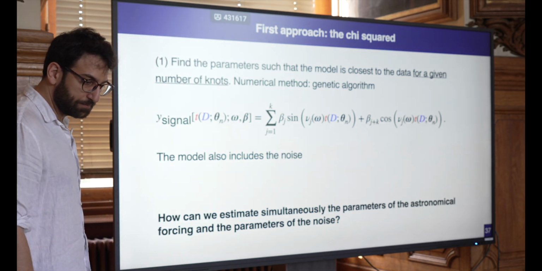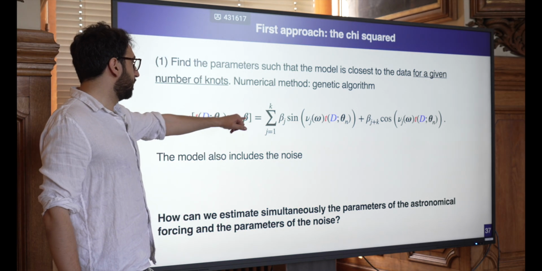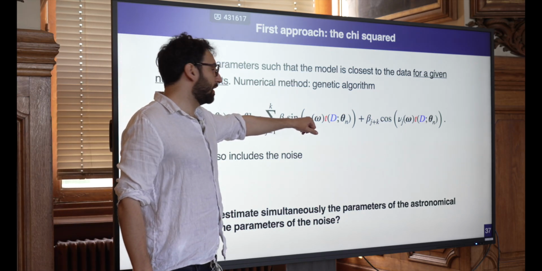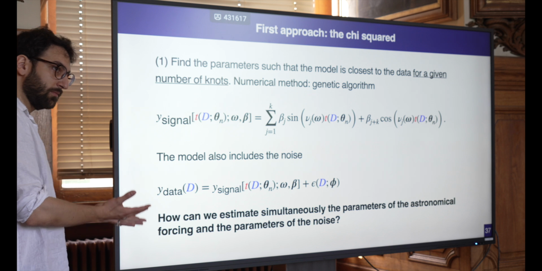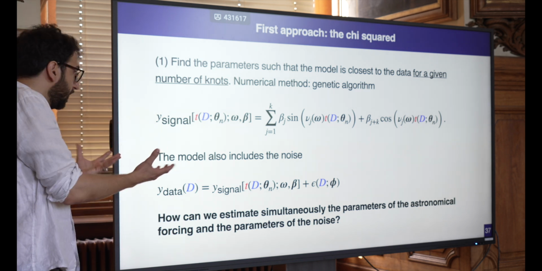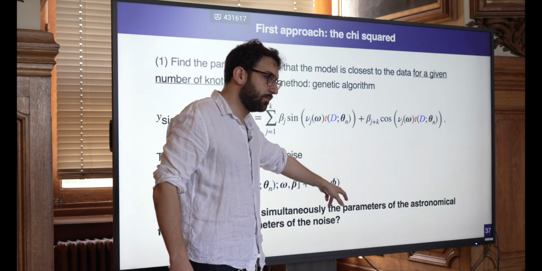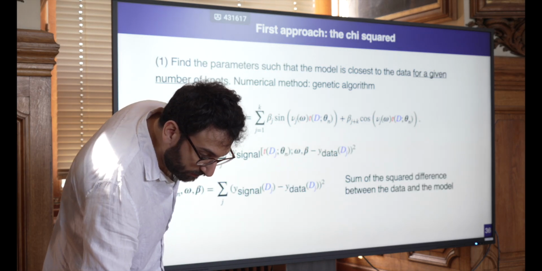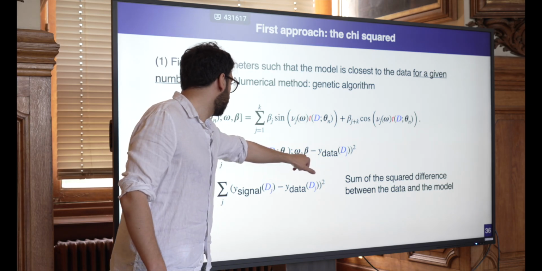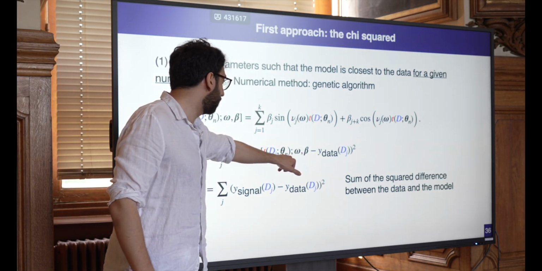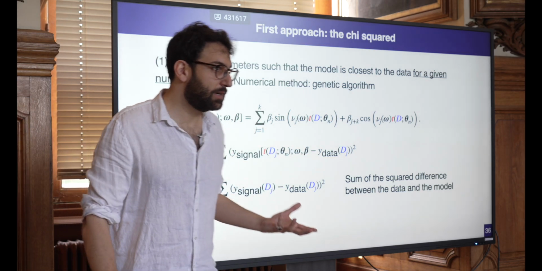So this is all very good. It would be very good if I had a model only like this. But my model also includes the noise. And in this picture, I don't know how the parameters of the noise fit in. Because in my definition of the chi-squared, you see that only the time depth function parameters, the frequencies and the amplitudes and phases appear. The noise does not appear at all.